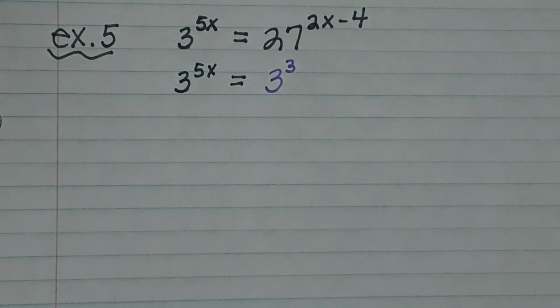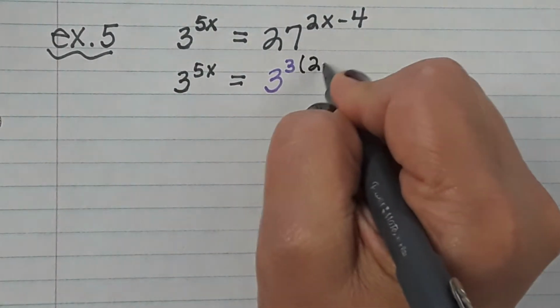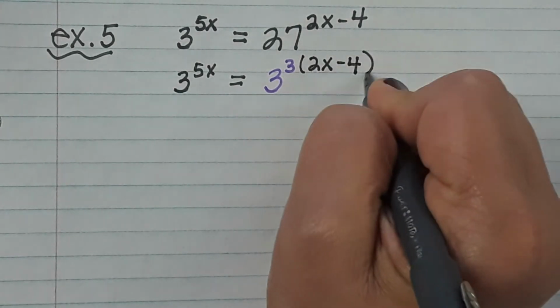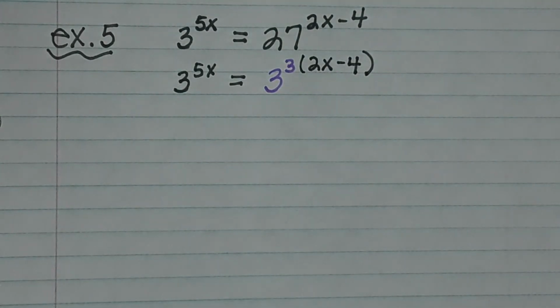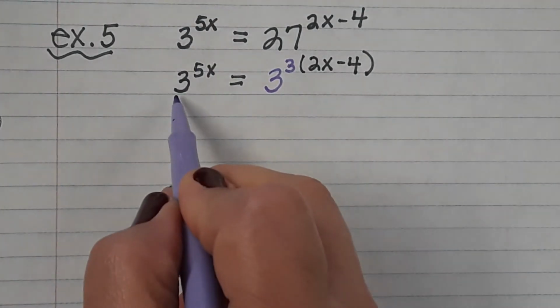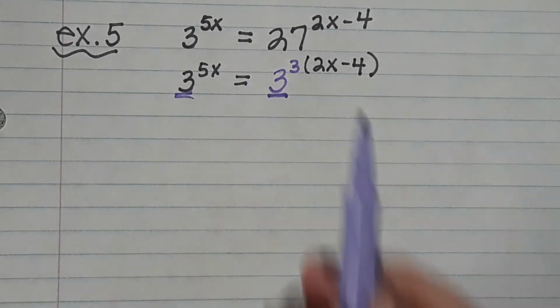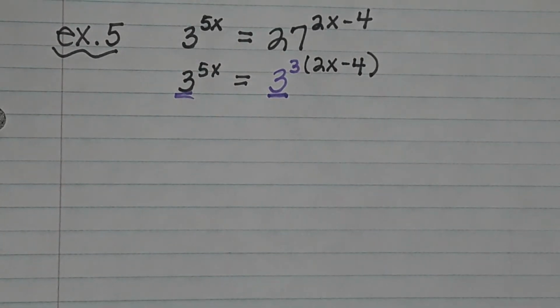And because 2x minus 4 was already in the exponent, we need to leave it. We're going to put that in parentheses. So I just rewrote the 27 as 3 to the 3rd. Now, the bases are the same. So now we can set the exponents equal to each other and solve for x.